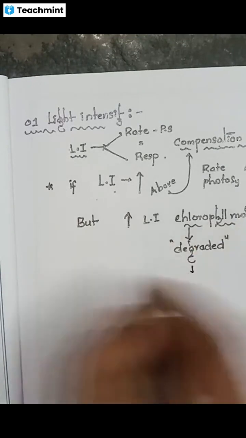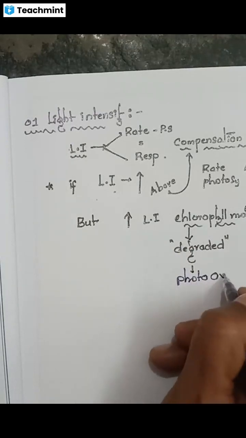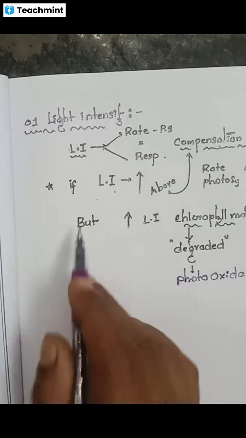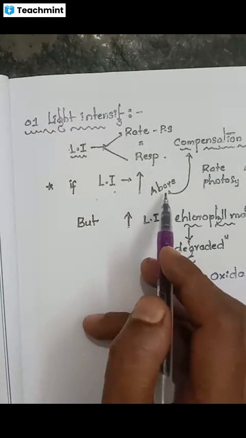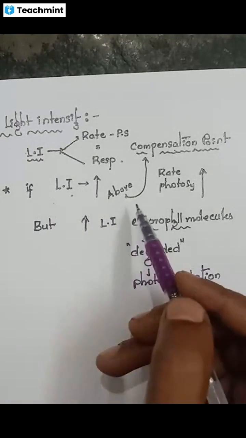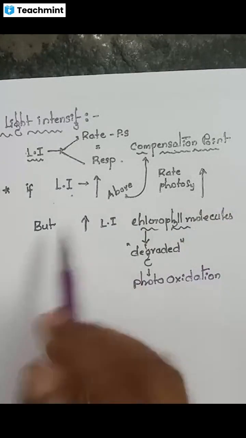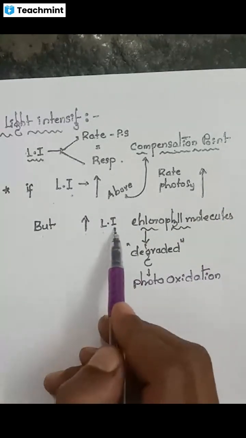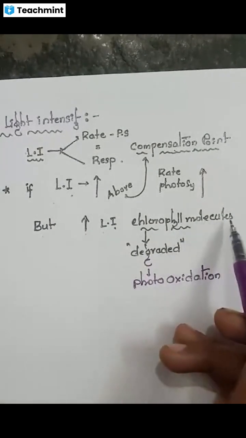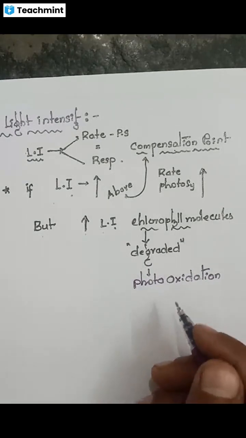This process is known as photooxidation. So, clear? If light intensity is increased above the compensation point, the rate of photosynthesis is increased, but in the presence of high light intensity, the chlorophyll molecules are degraded or destroyed. This process is known as photooxidation.